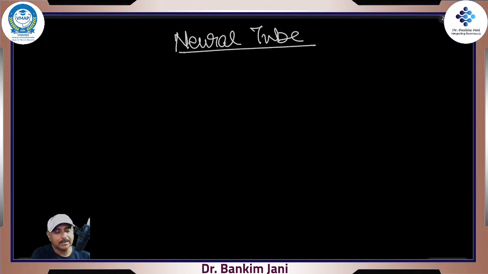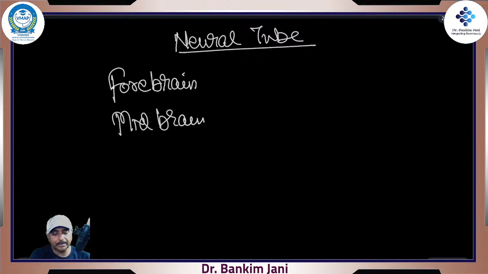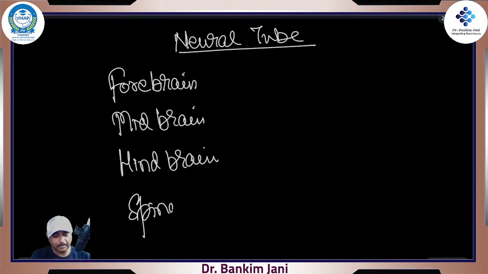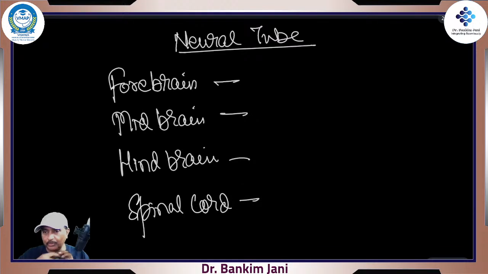Makes sense, because on the cranial side, this is forebrain, then midbrain, then hindbrain, and the spinal cord. So these will be the areas. Right now, the neural tube is just like a tube, only thing that at the cranial end it is thicker.